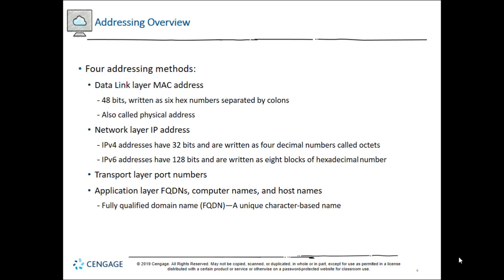P for physical, D for data link, N for networking, T for transport, S for session, P for presentation, and A for application. And at each individual layer, we've got different things that we have to be able to troubleshoot. You saw that as we work our way up or down through the 7 layers of the OSI reference model, there are different things happening to our mail as it goes through.